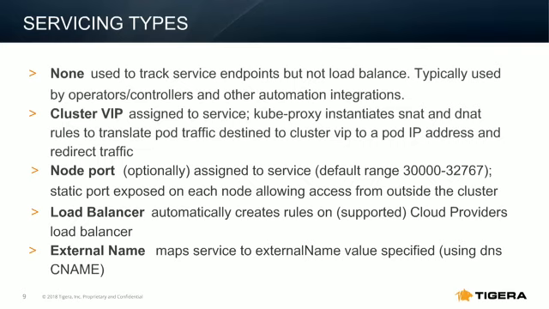Node port is another mechanism, and for those who are using overlay networks, etc., where the IP addresses in the cluster may not be accessible to the outside world, meaning your cluster or your service VIPs aren't accessible, you can basically assign a port on every host to represent that service.